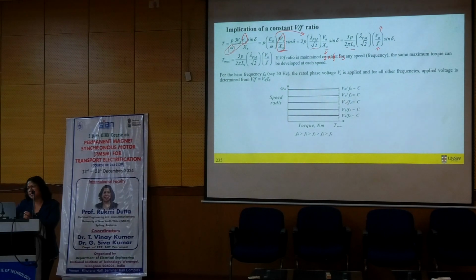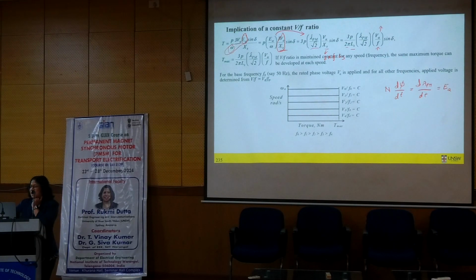But with the rate of speed change, the flux changes, N d phi by dt. So N d phi dt, we write as d lambda PM over dt, which is your EA, right?